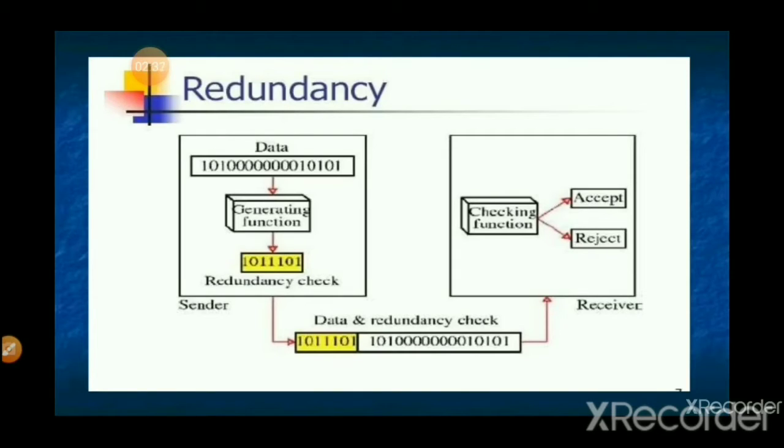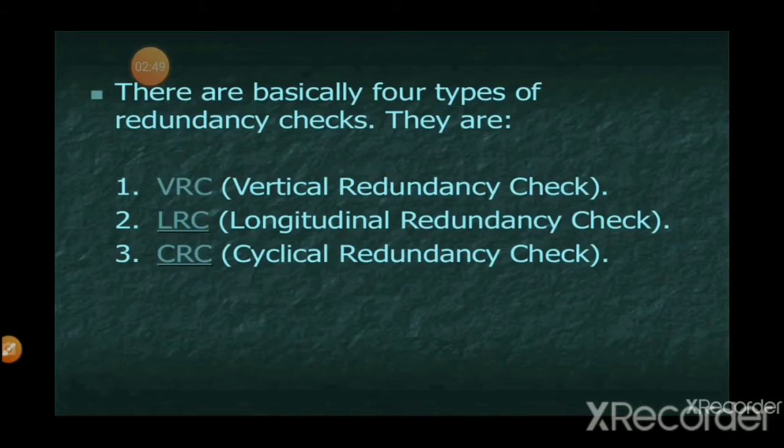Redundancy. The figure shows the data, then the generation function and redundancy check at the sender, then the data and redundancy check at the receiver, the checking function, and accept or reject. There are basically four types of redundancy check.